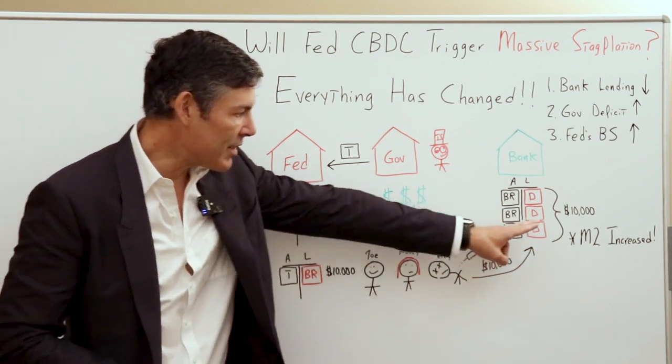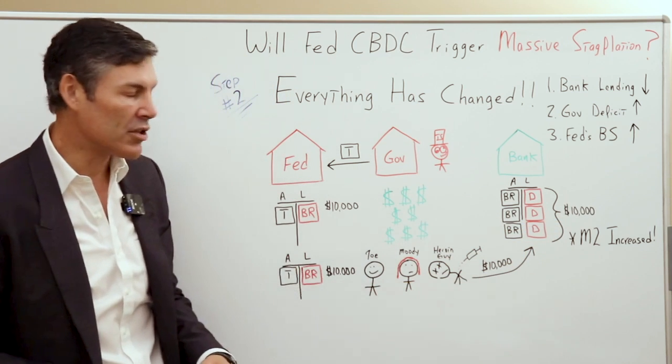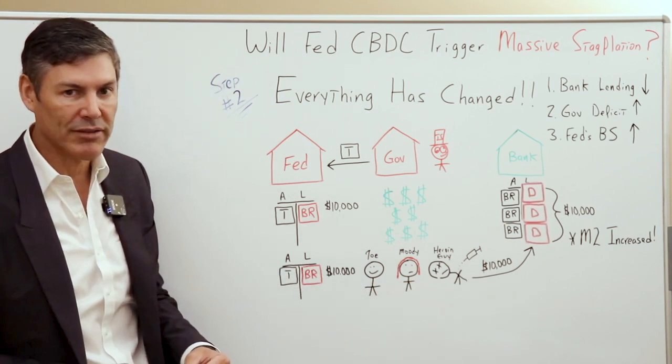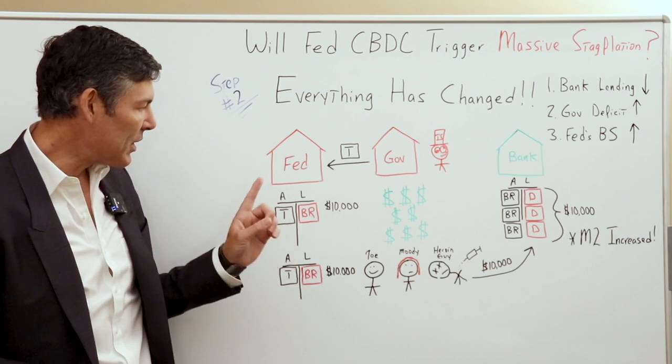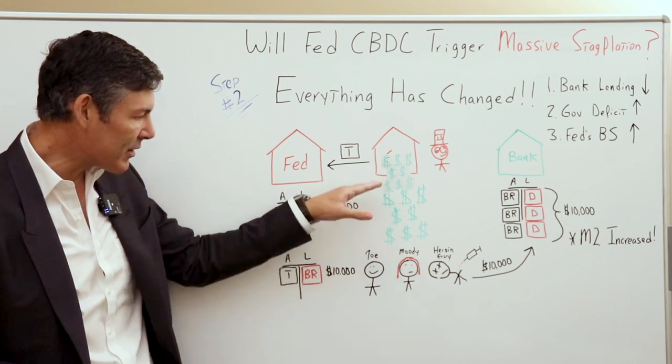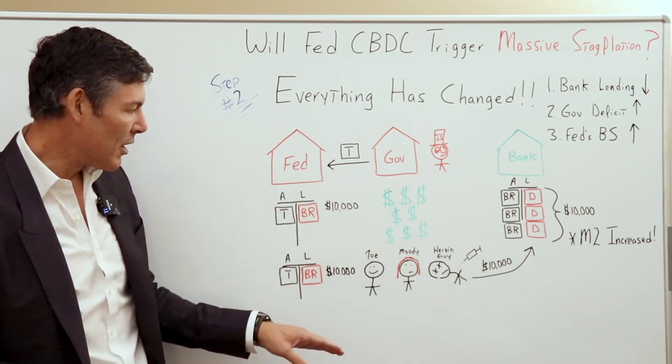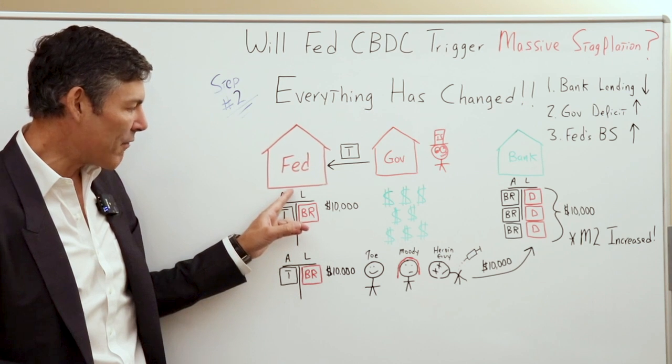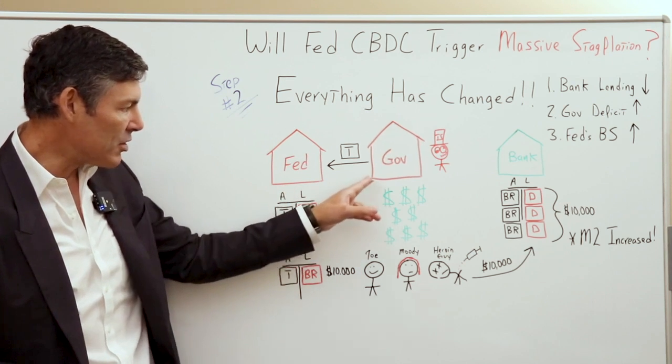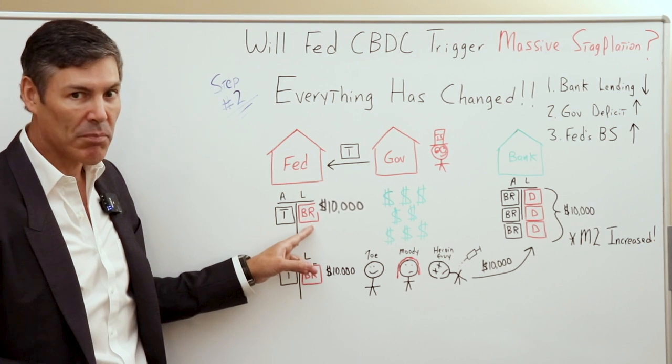So this creates an additional $10,000 worth of deposits. Why? Because the money wasn't sucked out of the system to begin with. It was created by the Fed crediting the TGA with the $10,000 in bank reserves.